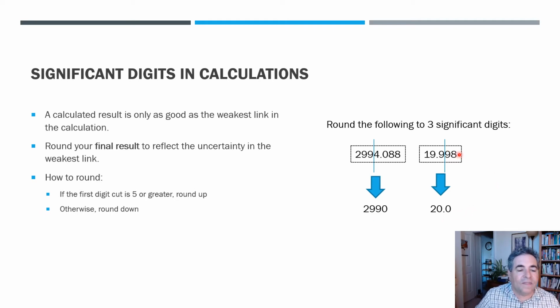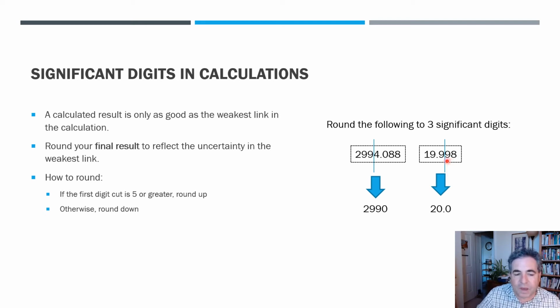Okay, what if I had this case over here? I have 19.998 is maybe the mathematical result. And I want to cut this one off to 3 figures, let's say. I'm going to put a cut through the number, and I'm going to look at the digit that is just to the right of the cut. And if it's bigger than 5, I'm going to round up.